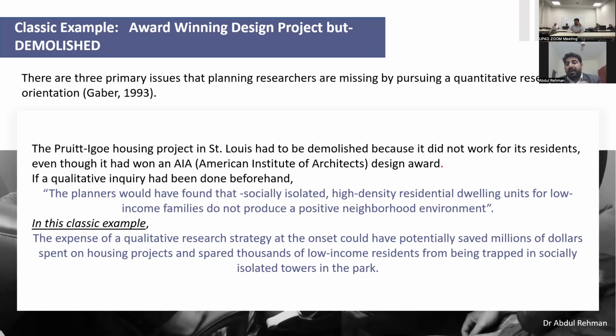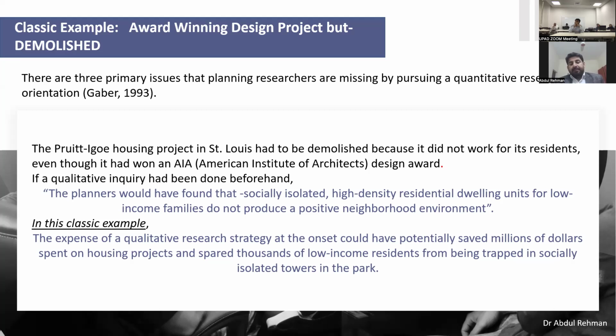Because that building was not meant for those people. So what is the solution? If a qualitative inquiry had been done beforehand, the planner would have found that socially isolated, high density residential dwelling units for low income families do not produce a positive neighborhood.